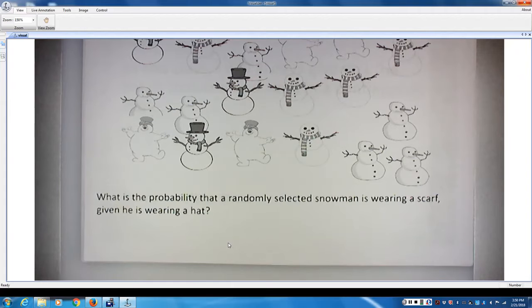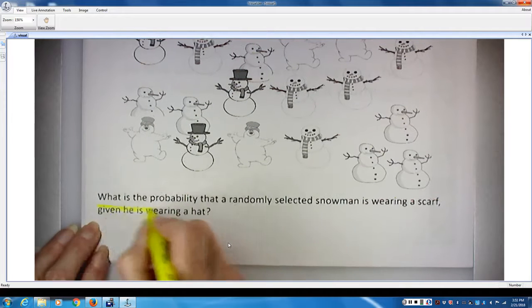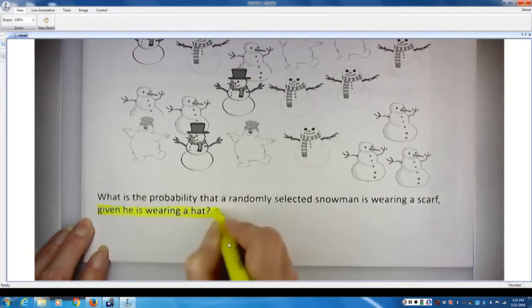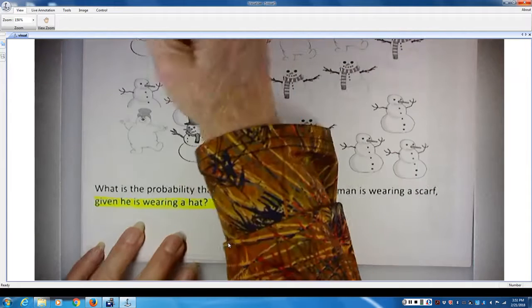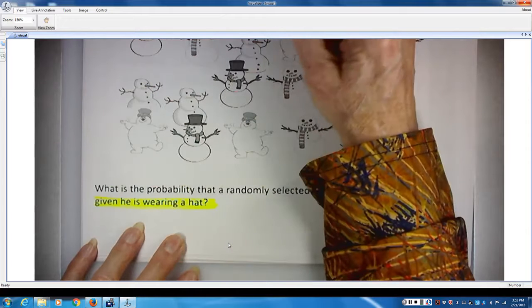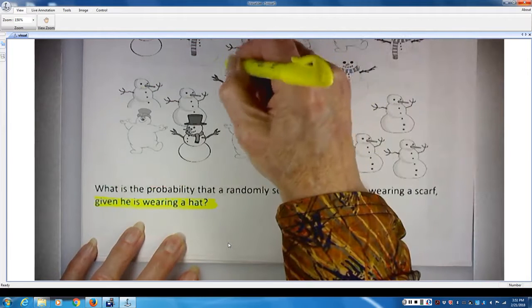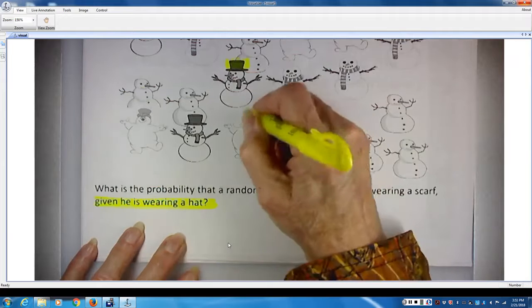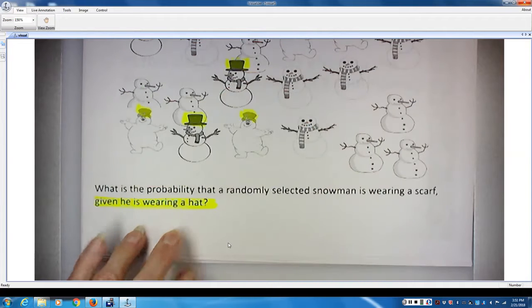This one sounds the same, but it's not. What's the probability a randomly selected snowman is wearing a scarf given that he's wearing a hat? We're only counting the ones that have hats. We have 7 that have hats.